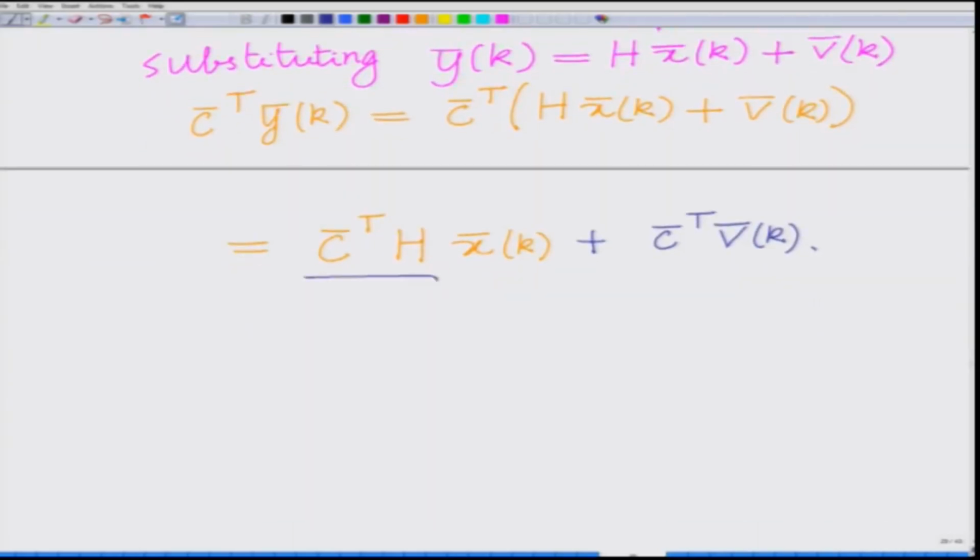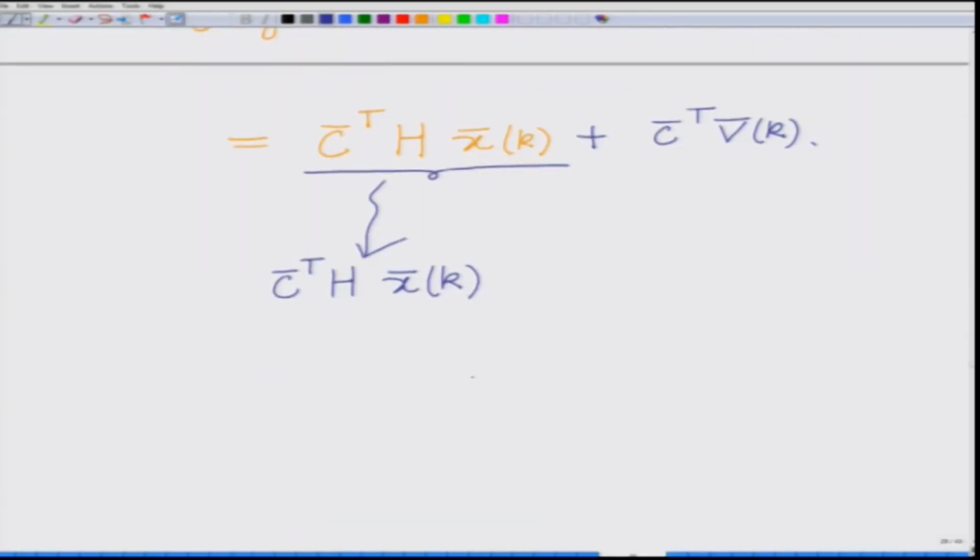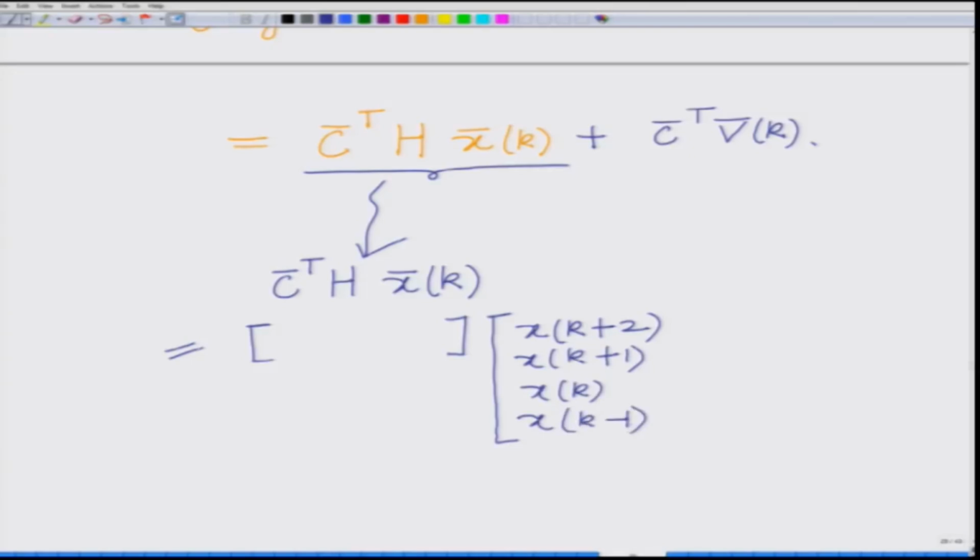Now, let us look at the quantity C bar transpose H x bar of k, which is equal to some row vector times x bar of k, which is x of k plus 2, x of k plus 1, x of k, x of k minus 1.